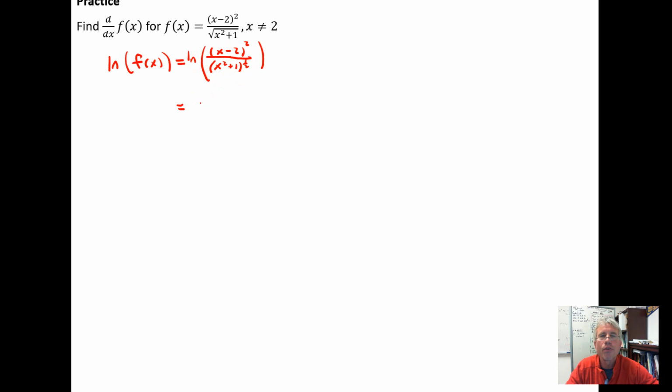So using logarithm properties that we saw in the previous video, I can rewrite the right-hand side expression as 2 times the natural log of x minus 2, minus 1/2 times the natural log of x squared plus 1. So it's just applying two of the logarithmic properties that we saw in the previous video.